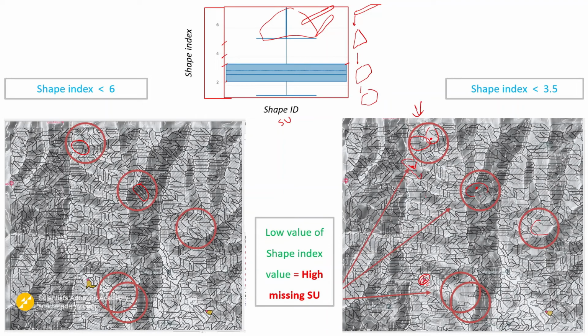You will lose those points. For example, here, what you should do is increase the shape index to have more slope units, and then you can choose your slope units for the inventory. So a low value of shape index means a high number of missing slope units.